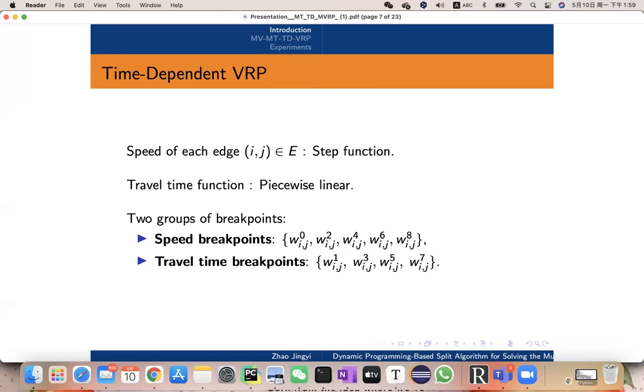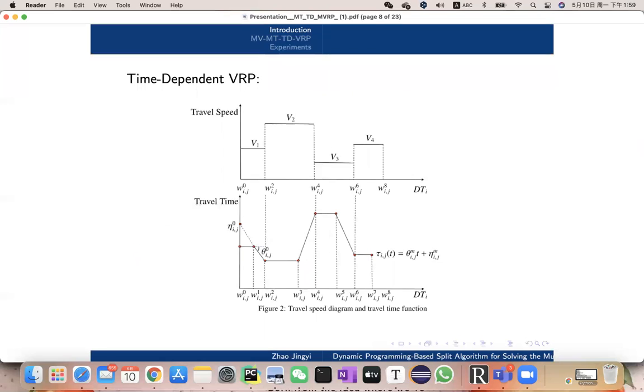So it considers the peak hours of a day. The speed of the vehicle is split into several time zones, and it will change only at the end of each time zone.